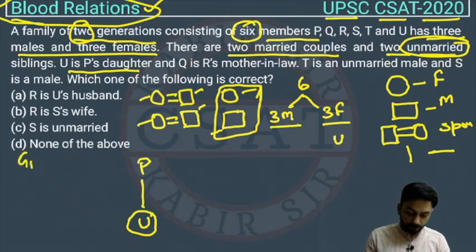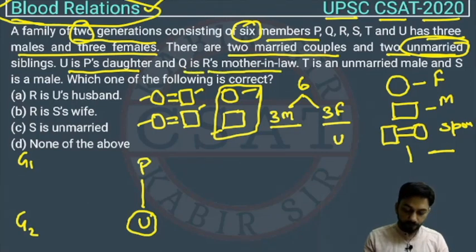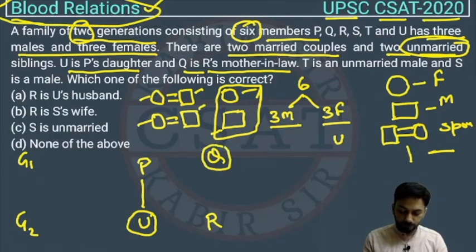So this is generation 1, this is generation 2, right? And they have given that Q is R's mother-in-law. So R will come here and Q will come here, because we have only two generations, and Q is the mother-in-law. So we know the gender of Q, female. So in the female section we will write Q, right? But we don't know the gender of R.